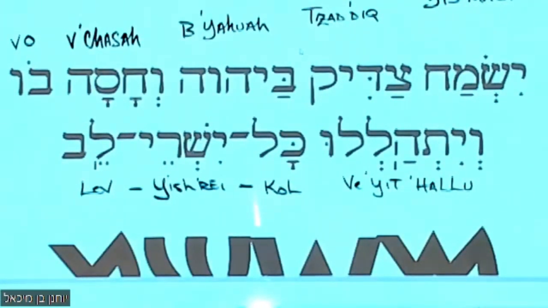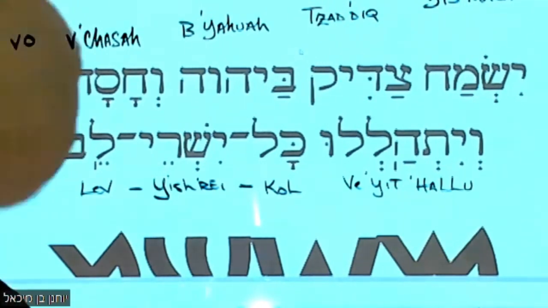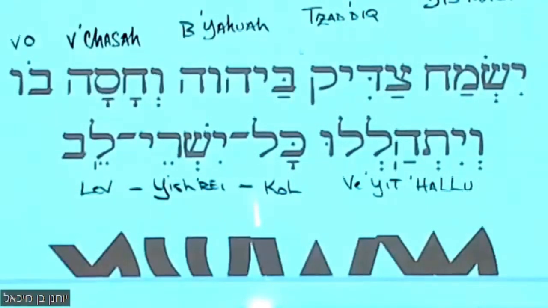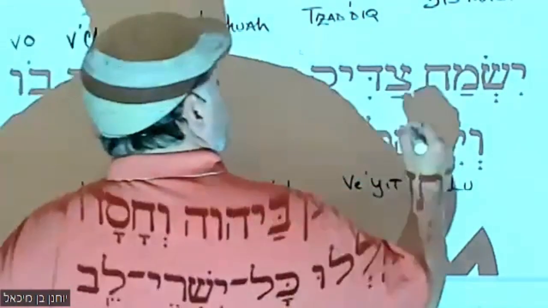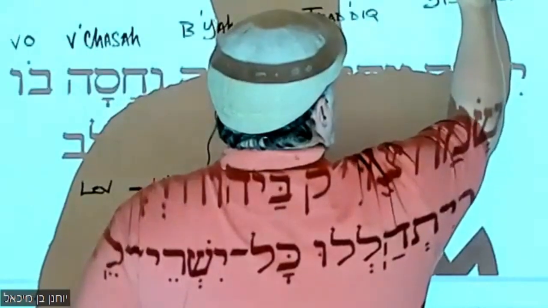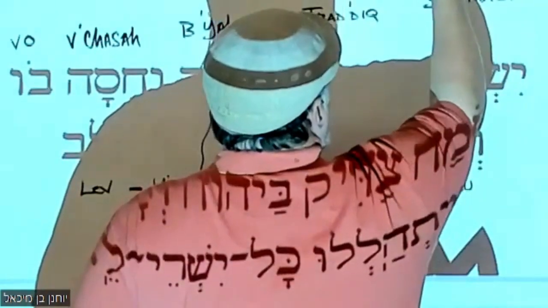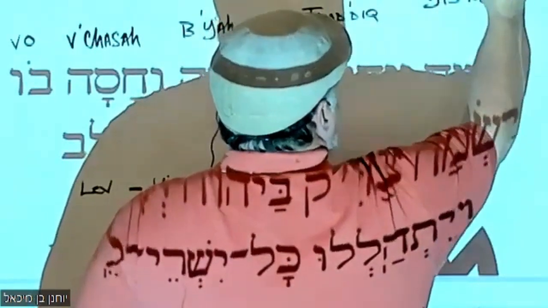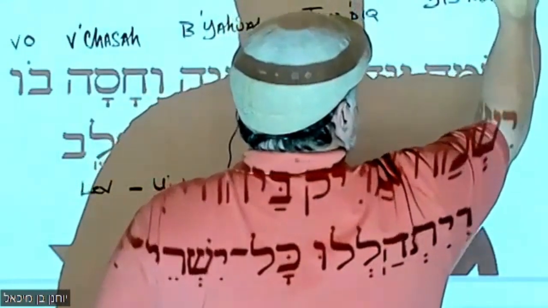What does that root word samach mean? There you go. So what we're going to say is will, and like I said, we're going to put parentheses, he will rejoice.